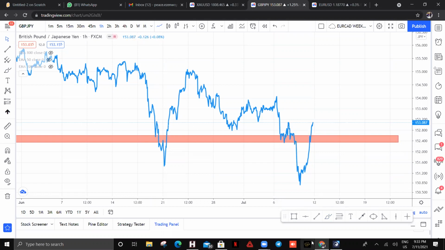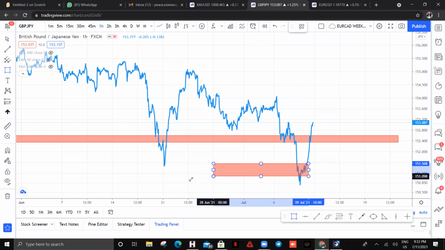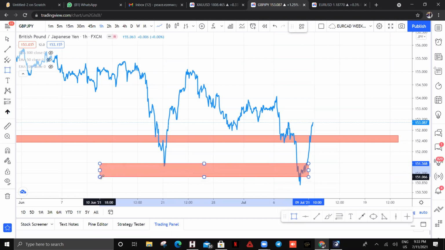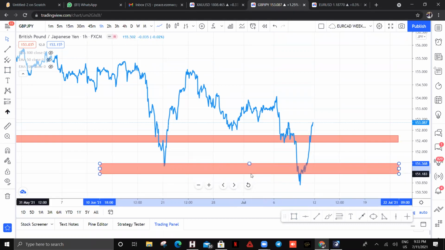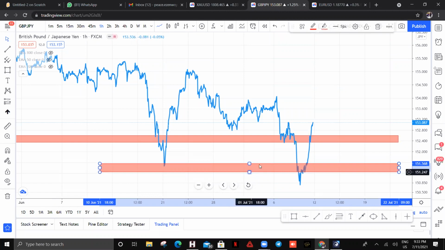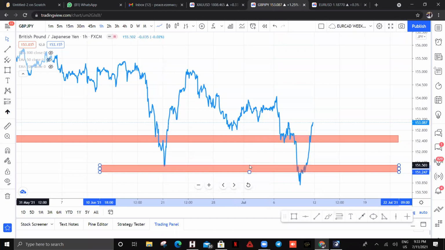I've identified this. I will identify another one. This is another pullback here. After the most recent one, you start going either up or down to identify your pullbacks. This is another pullback somewhere down here. You can see it. This is another pullback. This one here. This one.